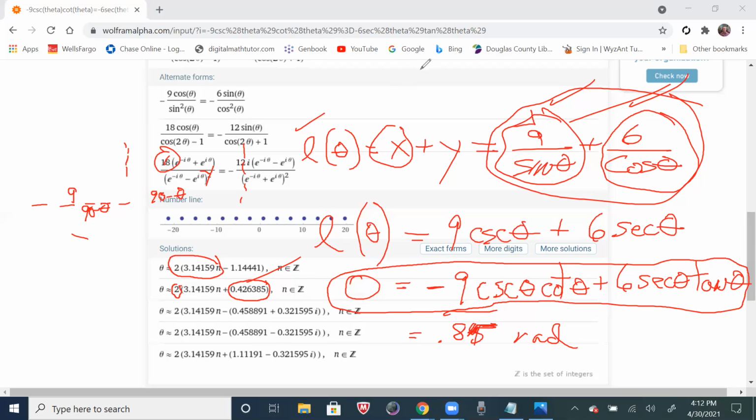And now what we need is 9 divided by the sine of 0.85 radians plus 6 divided by the cosine of 0.85 radians. So if you can come up with a number on that, that should be your, what was it, 21? Yeah, no, it is. It is. That's wonderful.